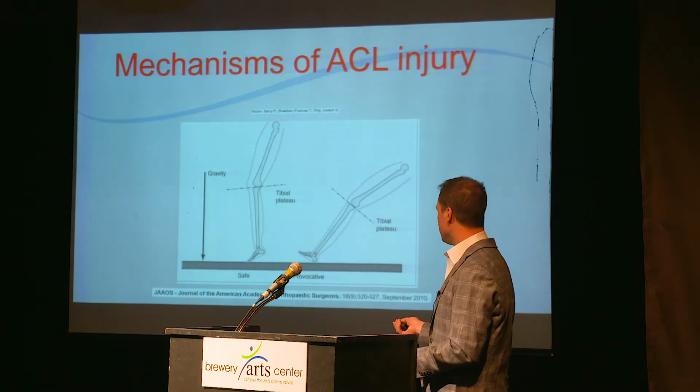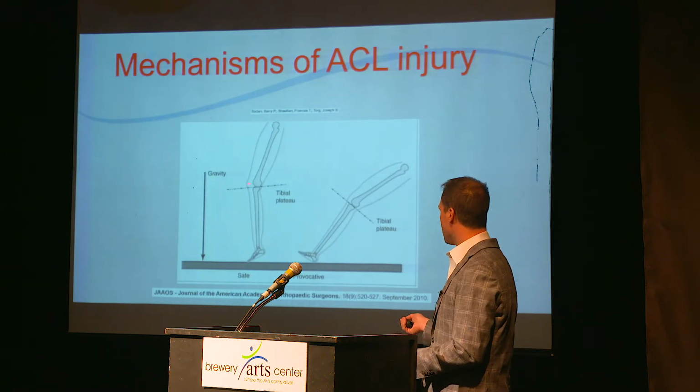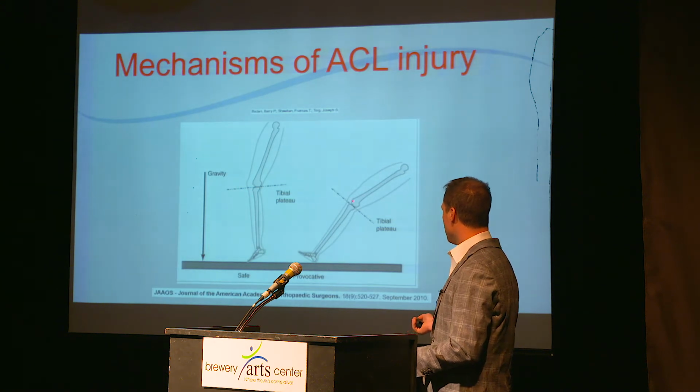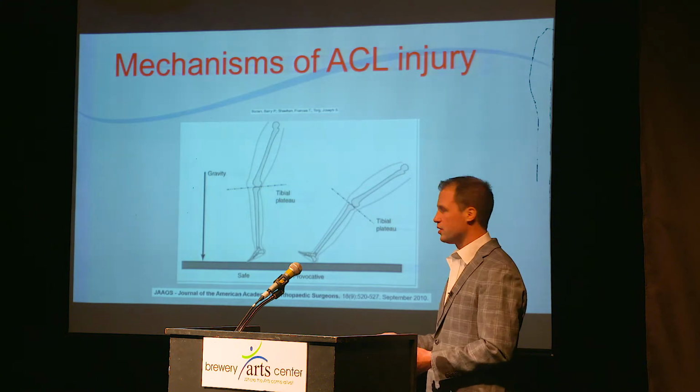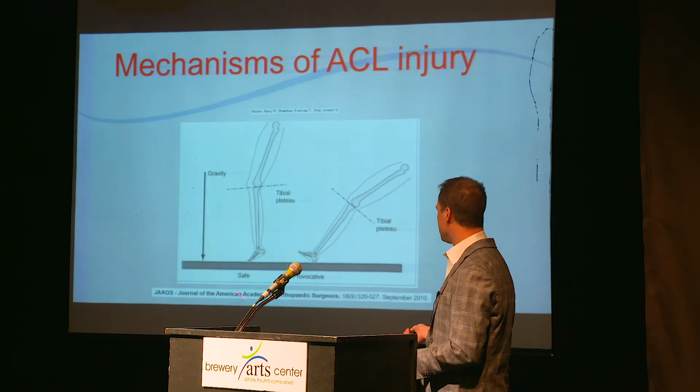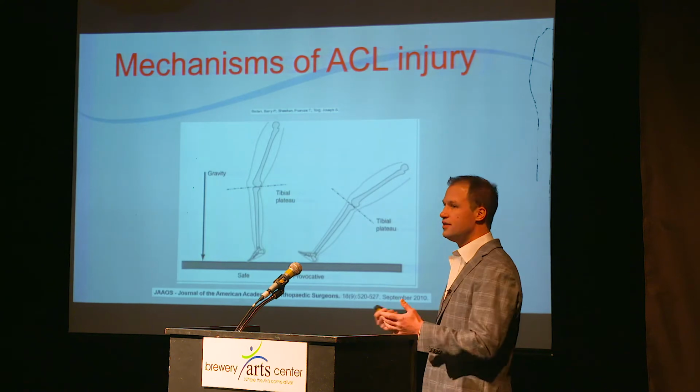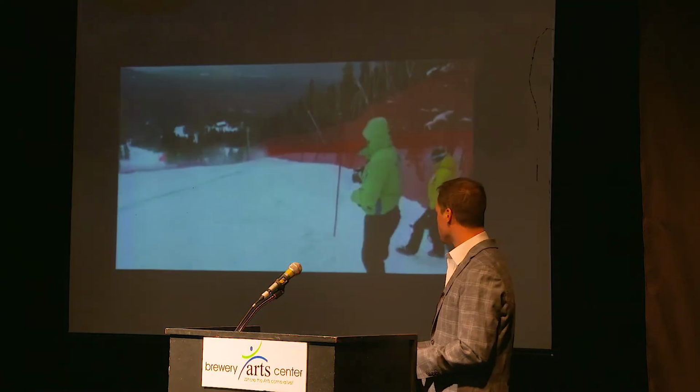Here's a little bit more of a close-up. Landing straight up and down, your knee's very level to the ground, everything stays in place. When you have your leg out in front, now there's a bit of an angle and your tibia starts to slide forward, and again, as your ACL gets stretched, it puts it at risk. So this is a safe position, and this is a more provocative or dangerous position for your leg to be in.